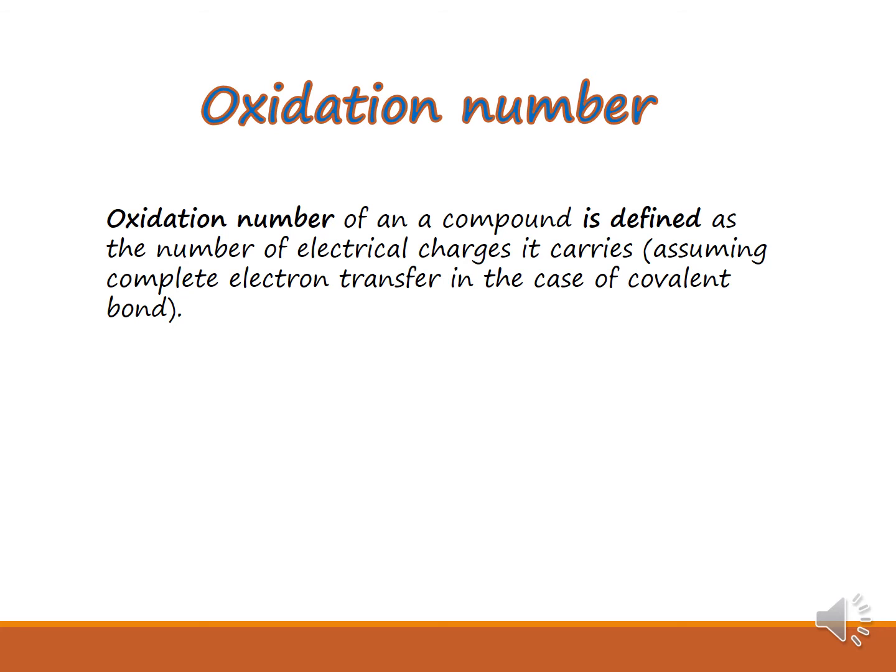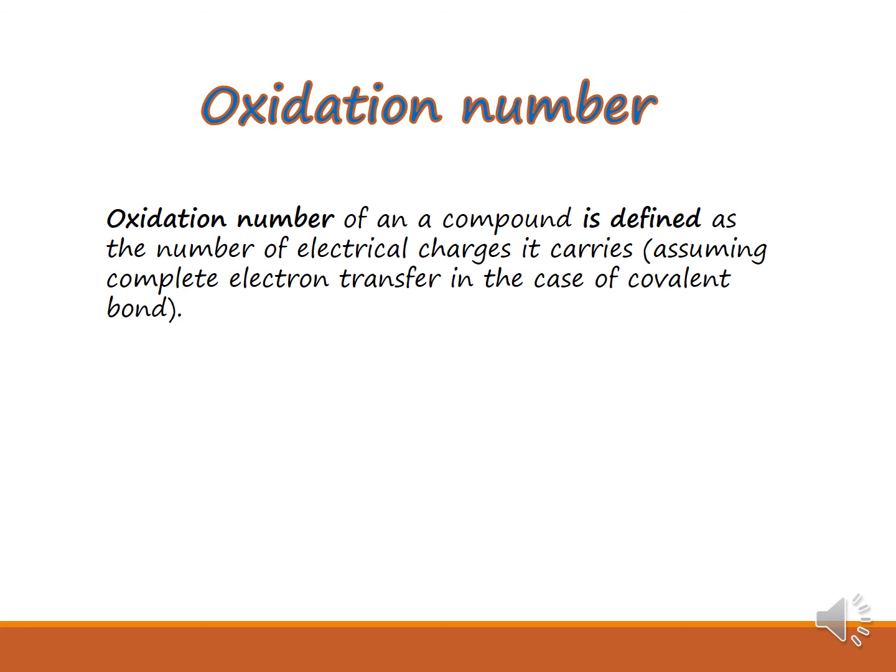And you can assume that complete electron transfer is happening in the case of a covalent bond too. We have understood that ionic compounds are formed by the transfer of electrons between two elements, so we can easily recognize what kind of charge each has acquired. But to find the oxidation number, we assume that even if the compound is covalent, we calculate what electrical charge an element in the compound would carry.